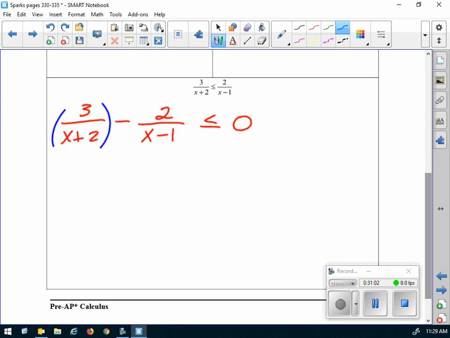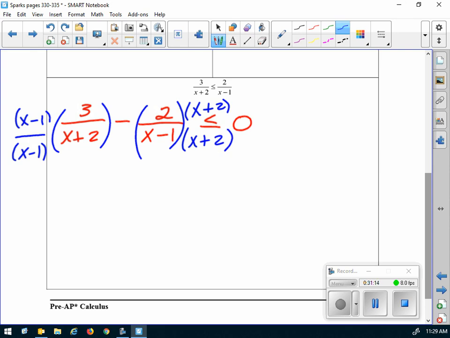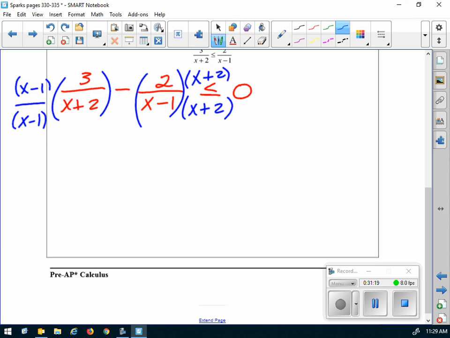This one needs... and this one needs... So I've got, what's that, 3x minus 3. Now, I'm going to just make this a plus and negative right there and distribute a -2, minus 2x minus 4.